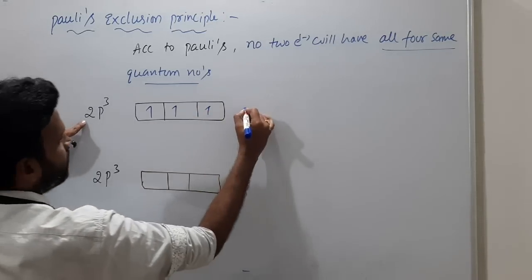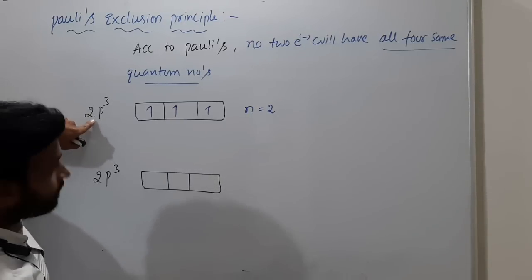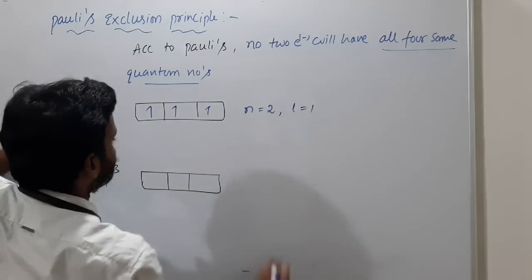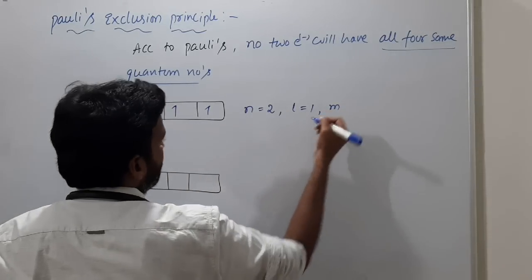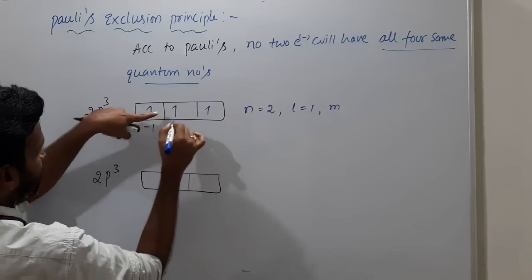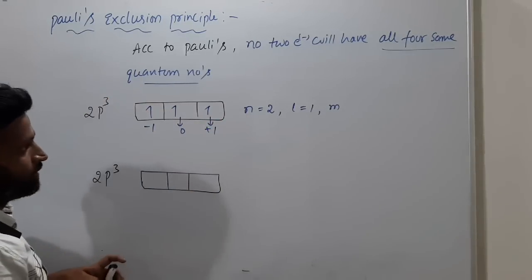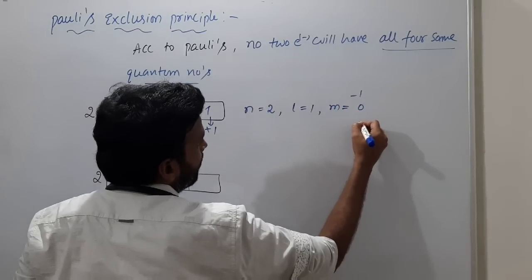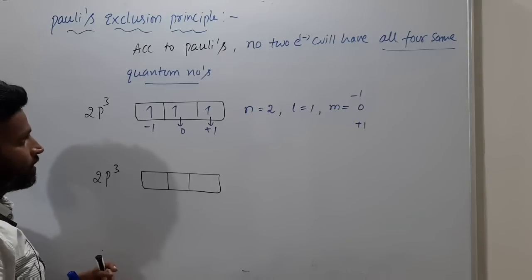So 2p means n value is 2, and p subshell means l is equal to 1. And magnetic quantum number for this it's -1, for this it is 0, and for this it is +1. So magnetic quantum numbers are -1, 0 and +1 here. Getting what I am saying?